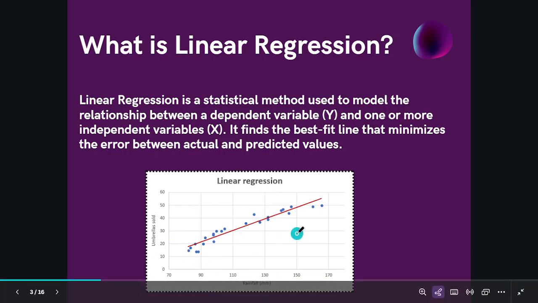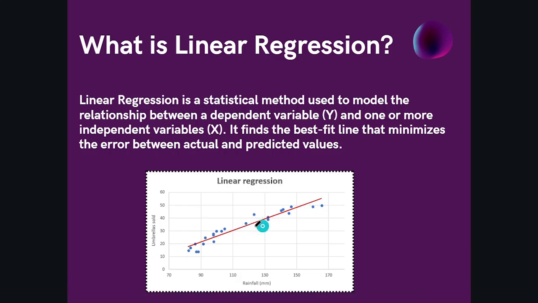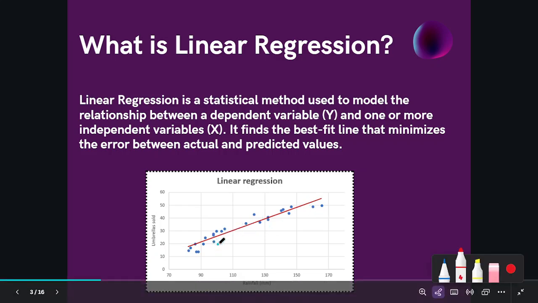So we got this data and plotted it on this graph, and then we plotted one fit line, one line that fits as many of these data points as possible. So what do we mean by fitting the maximum data points? We will see now.